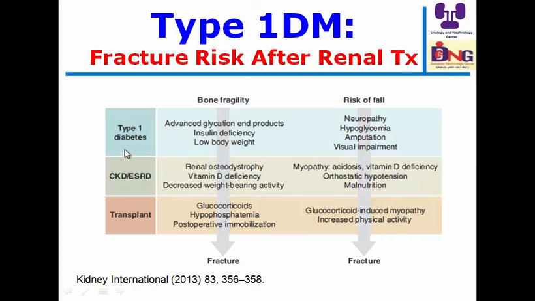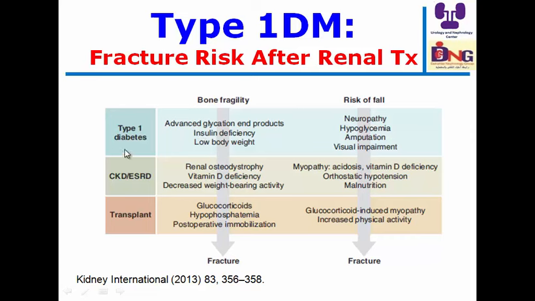So all these factors can lead to increasing risk of bone fragility, and increasing bone fragility may lead to increased fracture after renal transplantation. The same goes for risk of falls because of neuropathy, hypoglycemia, amputation, visual impairments.